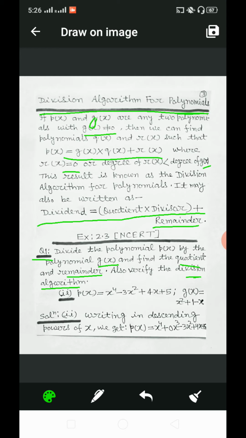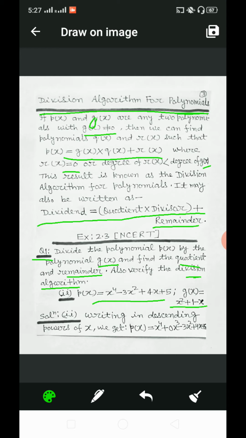It is not given in the question. There are 3 parts. I solve only the second part, that is p(x) is equal to x to the power 4 minus 3x square plus 4x plus 5 and g(x) is equal to x square plus 1 minus x.